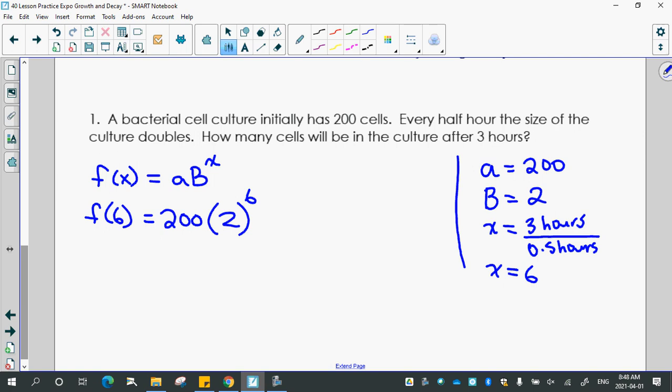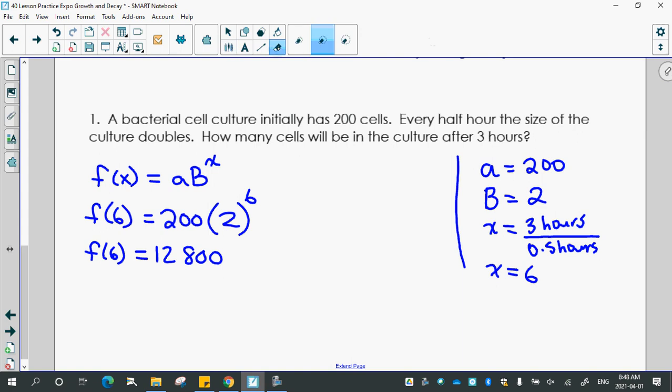And then we work that out on our calculator. So 200 times 2 to the power of 6 is 12,800. Make sure you can get that number on your calculator.